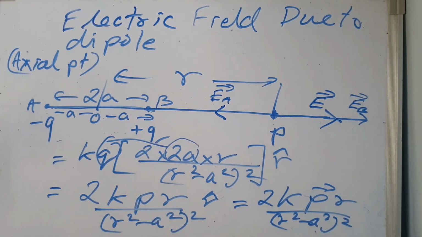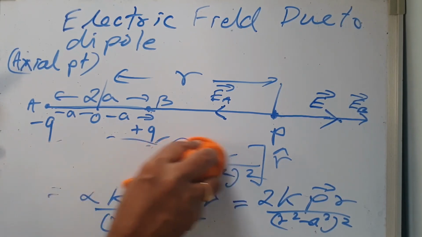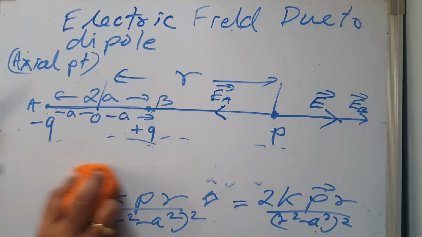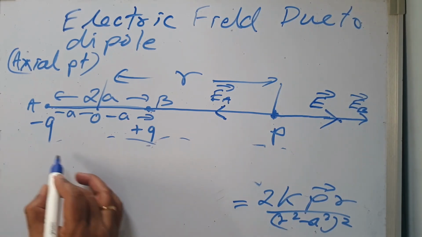Now if this point is very far away, or if the dipole is too small as compared to the distance r, then I can neglect a squared as compared to r squared. What do I get?